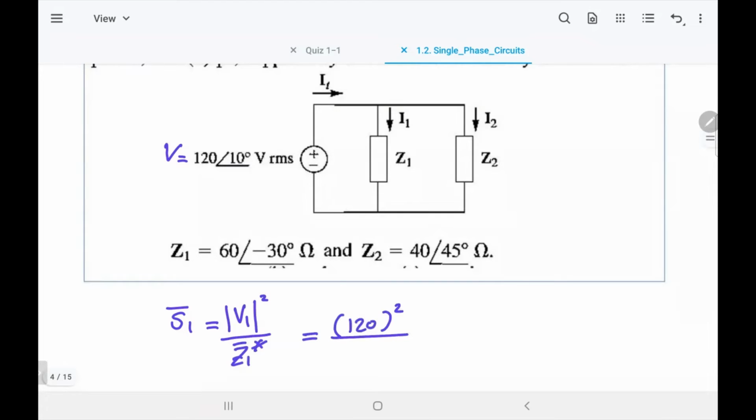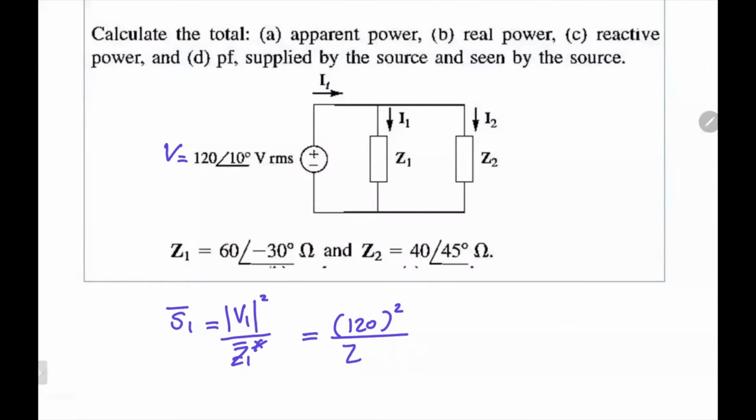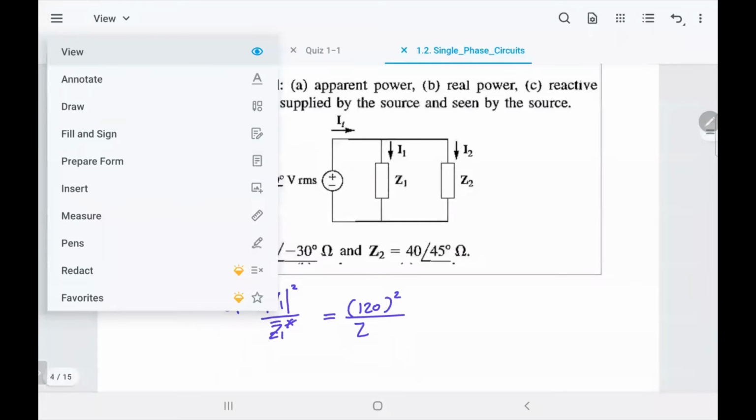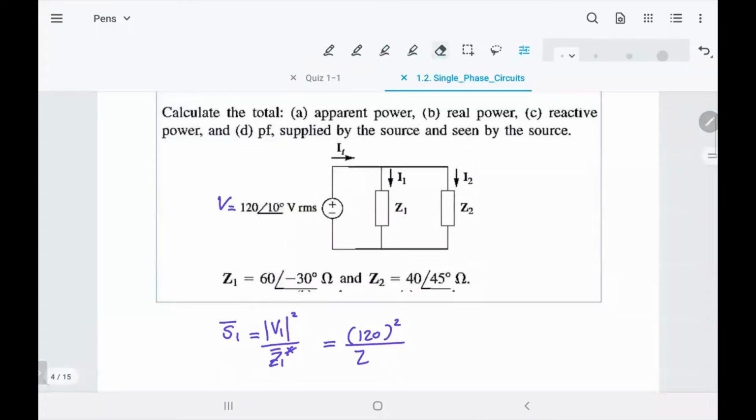What is Z1? Angle negative 30. So what's the conjugate of Z1? Exactly, it will be 16 at an angle plus 30. And then you calculate that using a calculator that handles complex numbers.